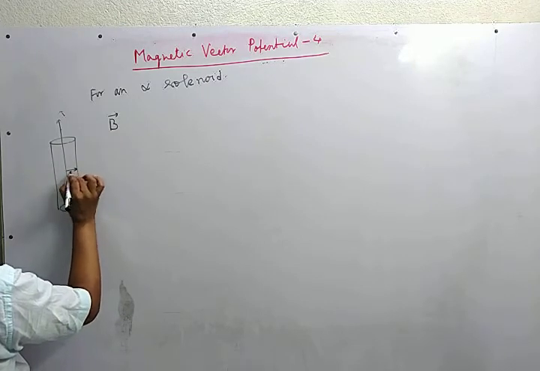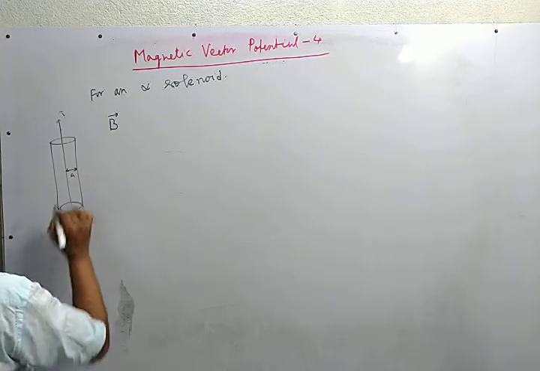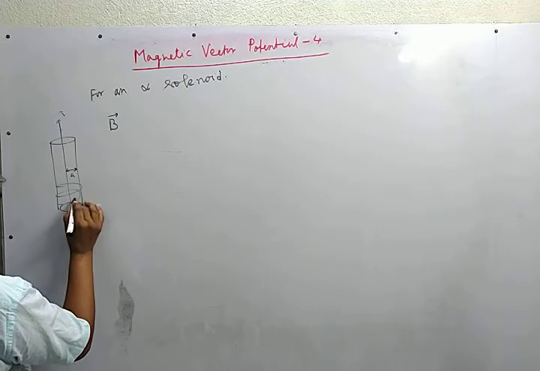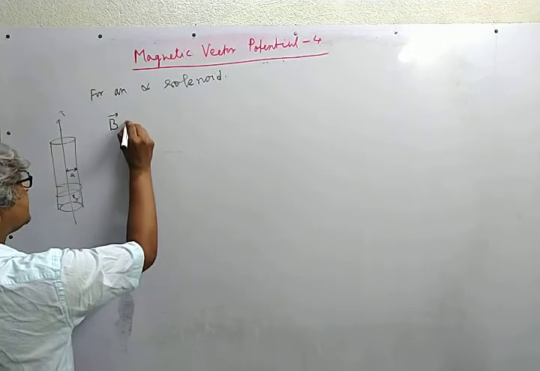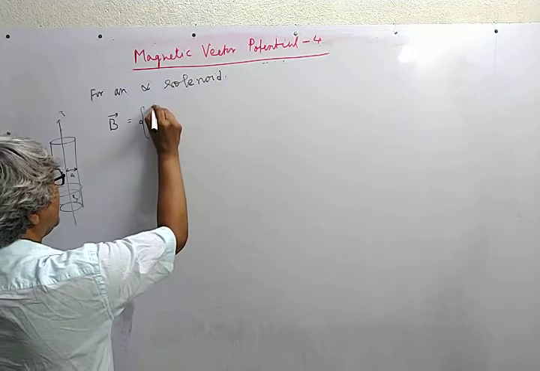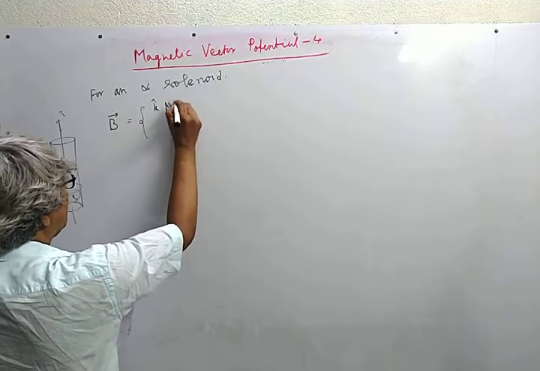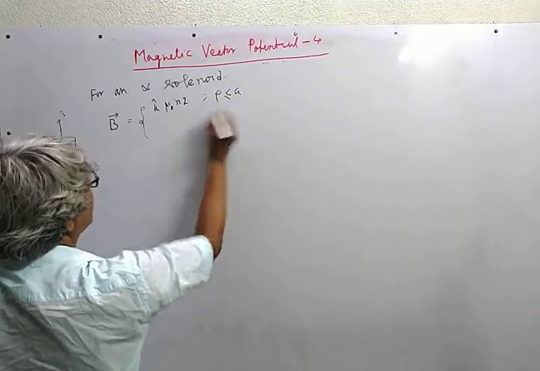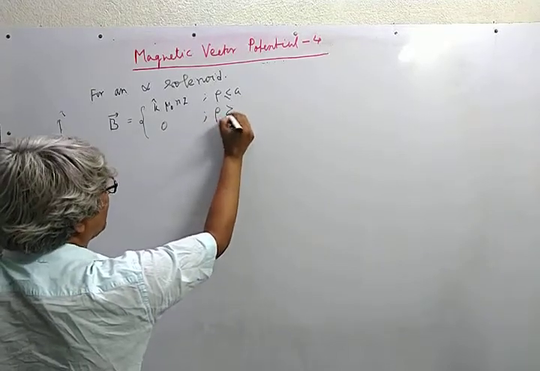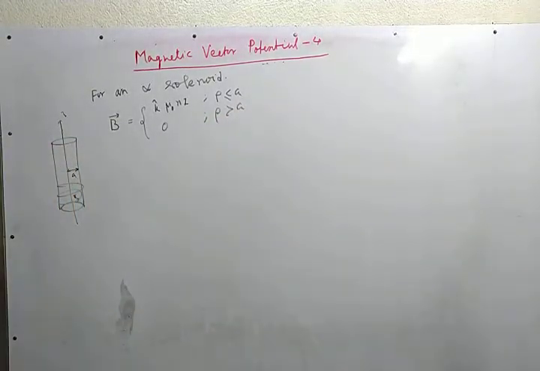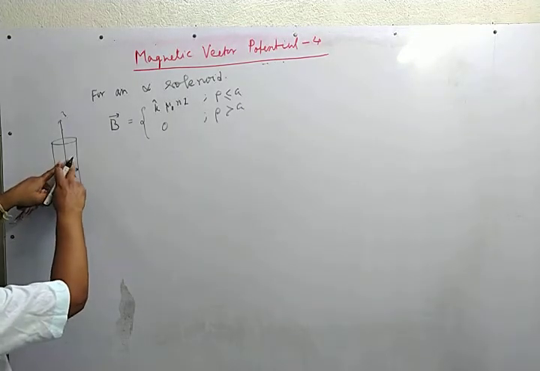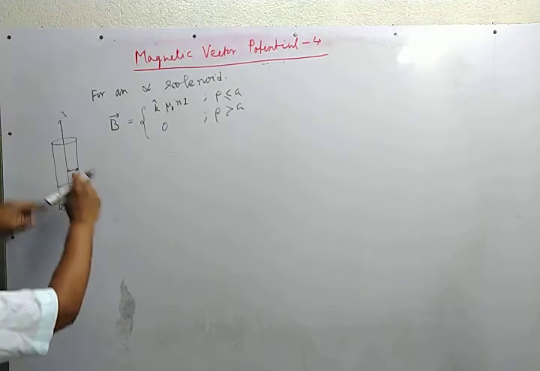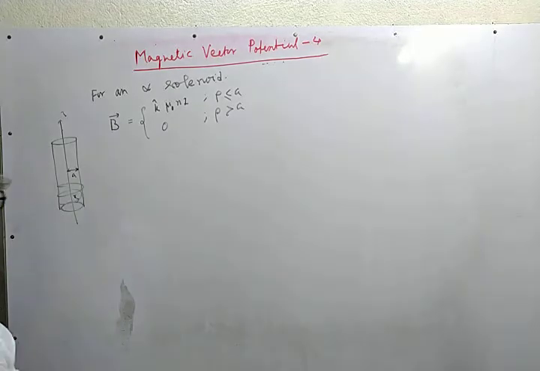The radius is a, and the current I is flowing. The field is k cap mu 0 n I for rho less than or equal to a and 0 for rho greater than a. That is, within the solenoid the field is uniform, along the z axis, and outside the solenoid the field is 0. Our aim is to find out A.